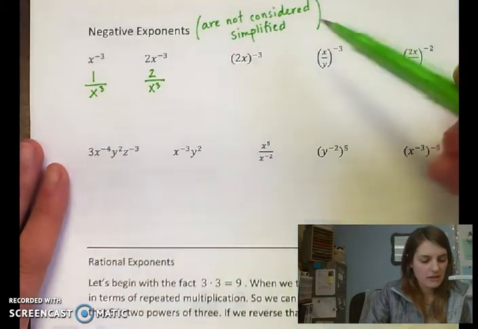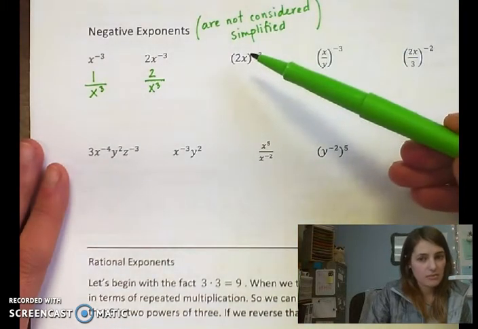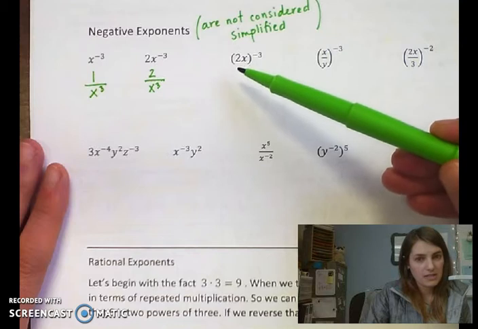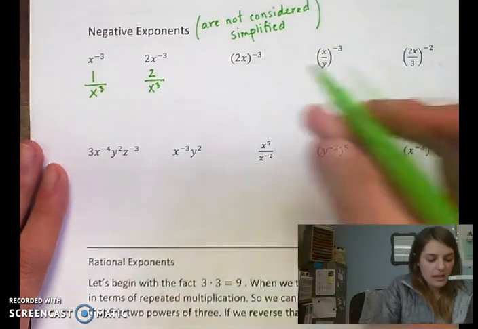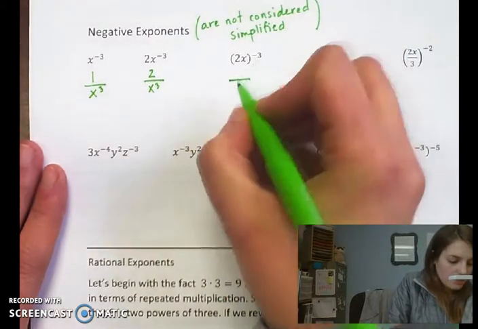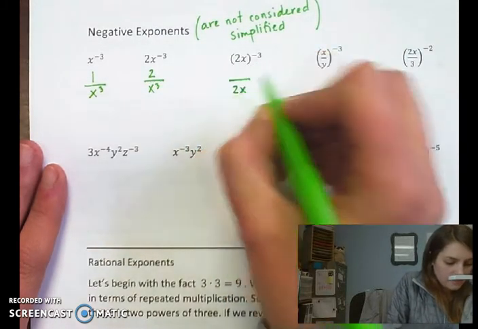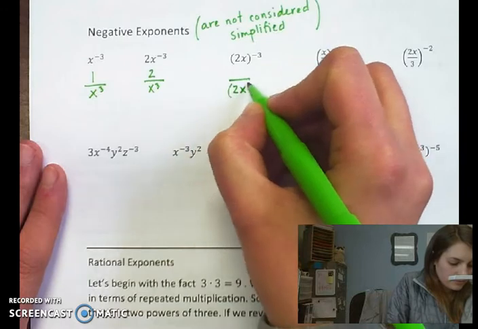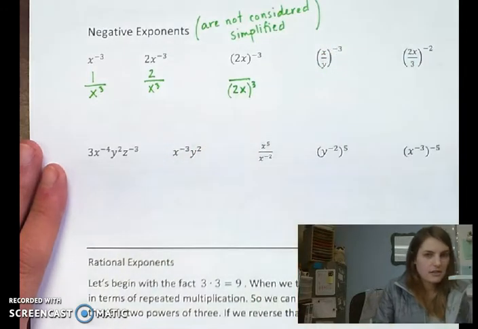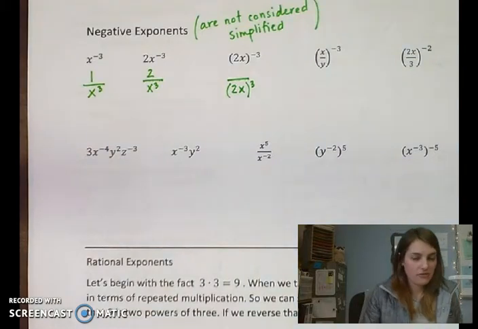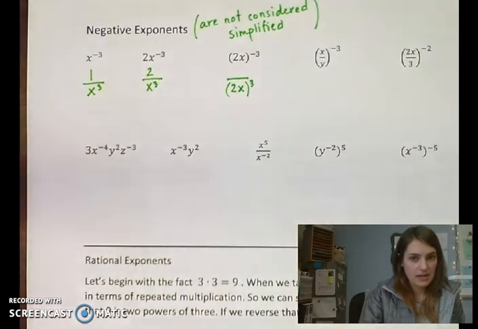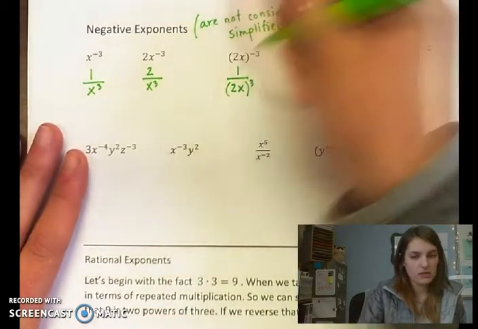Okay, this time the negative 3 is applied to the parentheses, which means it's applied to the 2 and the x. So the 2 and the x will be sent to the denominator, and they still are being cubed, but now it's a positive 3, and there's nothing remaining in the top, so you put a 1 to hold the place.